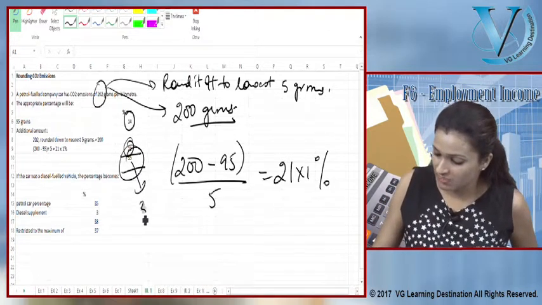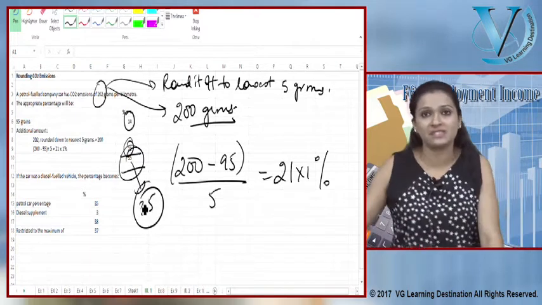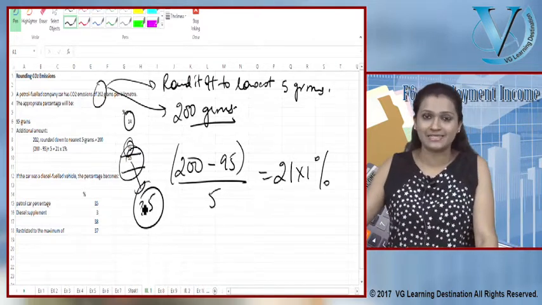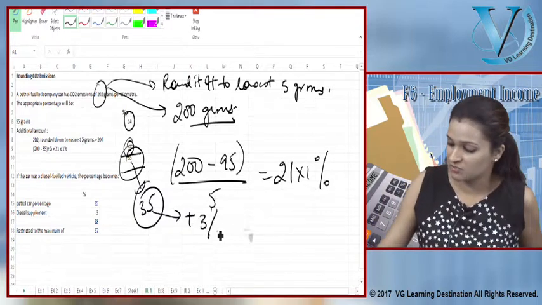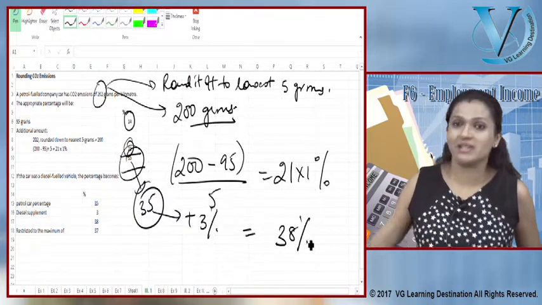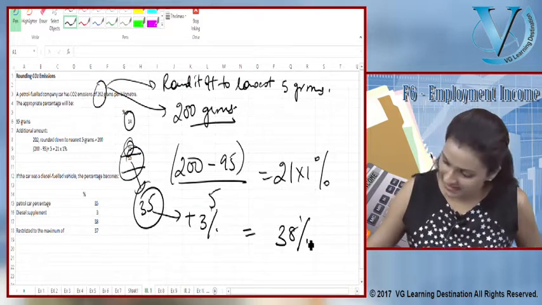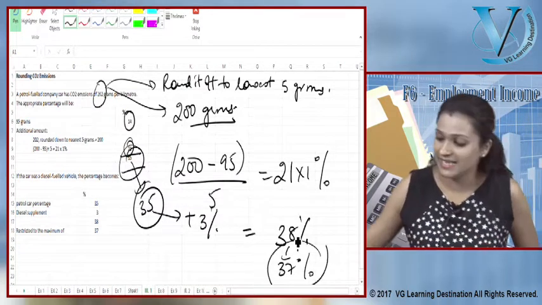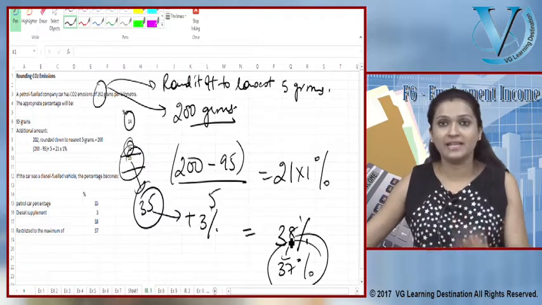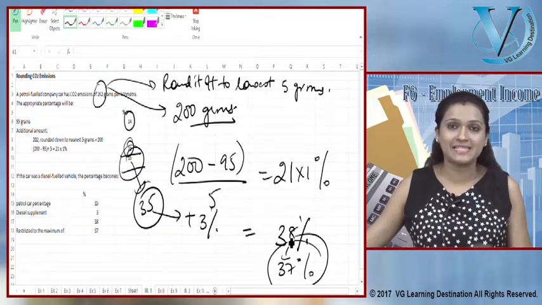Now how does this change if this car was a diesel car instead? First, you add a supplementary 3% to it, which becomes 38%. However, the maximum it can go is 37%. Thus, the percentage you're going to use is 37% if this car was a diesel car.